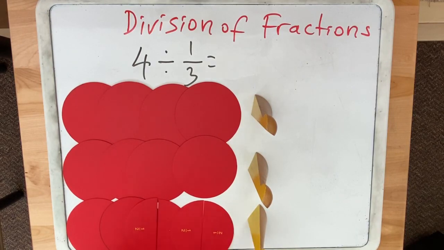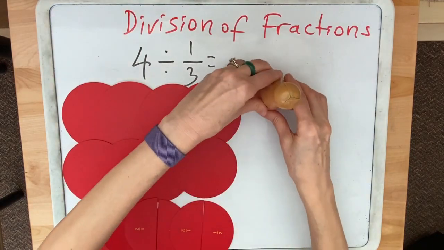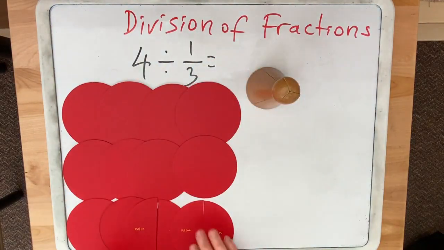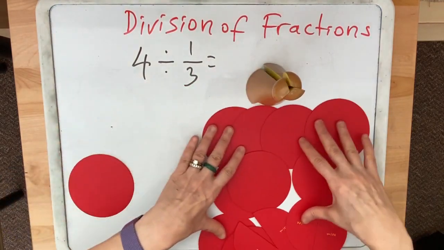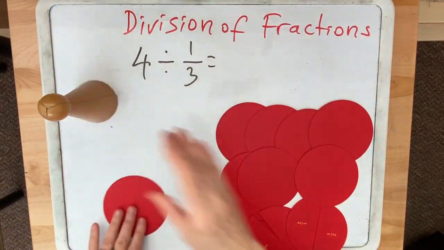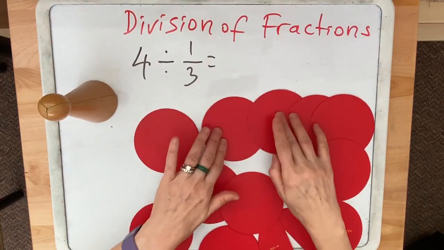So now, what is my quotient? Well, I make this into a 1 whole Skittle, and I combine all the quantities together, and that's my quotient.